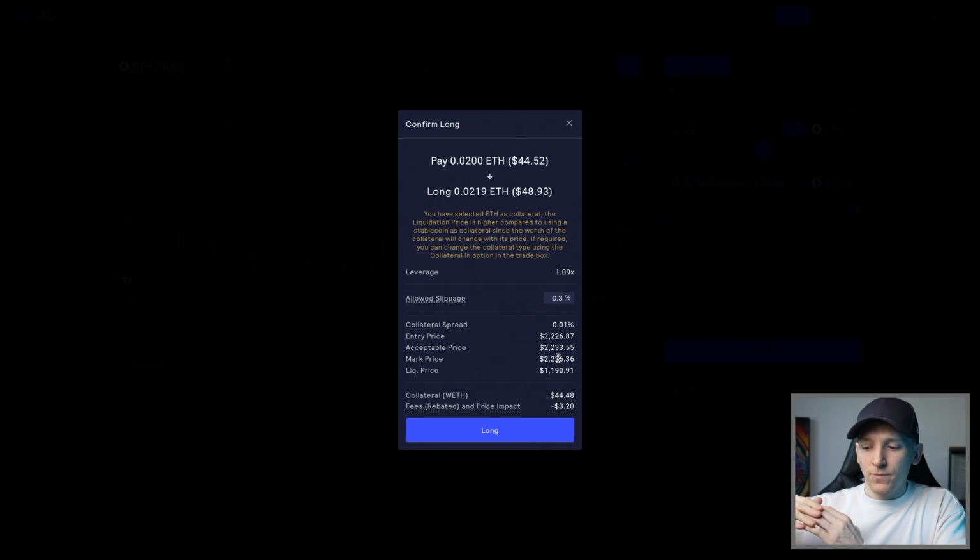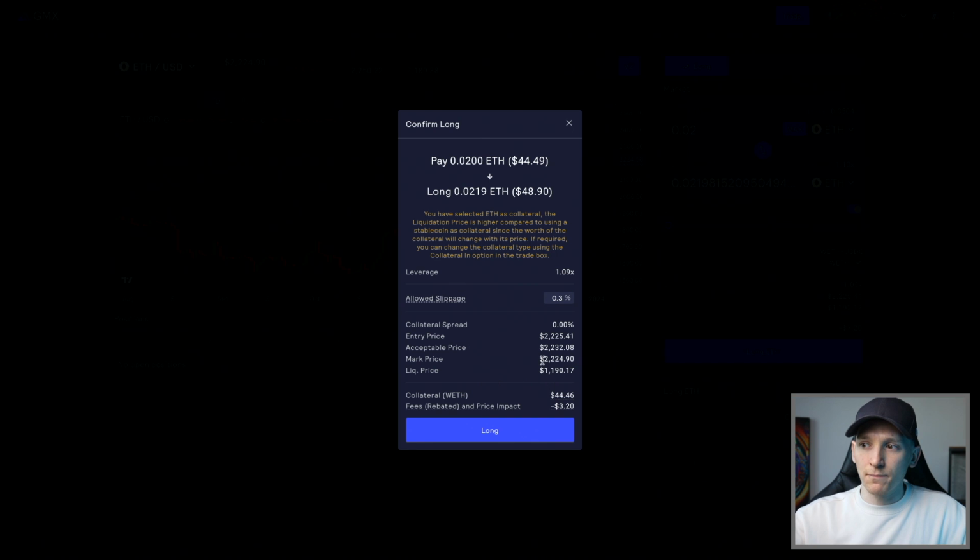And because the market price can change very, very violently short term, and to prevent everyone getting liquidated, what the system does is take a mark price, which is usually a little bit slower, and it takes an average of prices from around exchanges just to make sure that you're not getting ripped off from one kind of wick on an exchange. So that's the mark price right here, which is very close anyway.